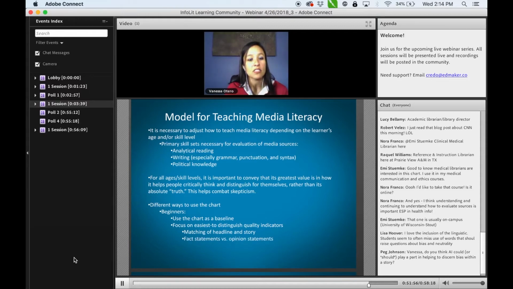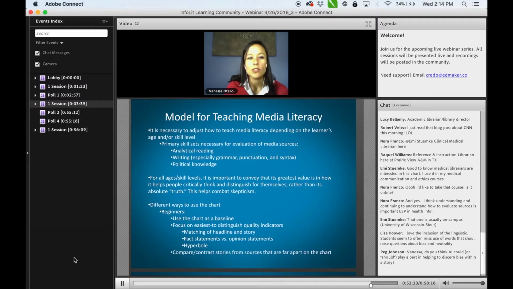Fact statements versus opinion statements: you can take an article that's 19 sentences and count the number of fact statements and opinion statements in that. That's appropriate for most reading levels. And then you can say, okay, 30% of these are opinion statements. Goes down in the opinion columns. And hyperbole. That's another easy to distinguish one for quality and bias.